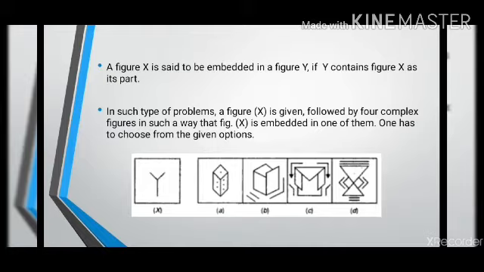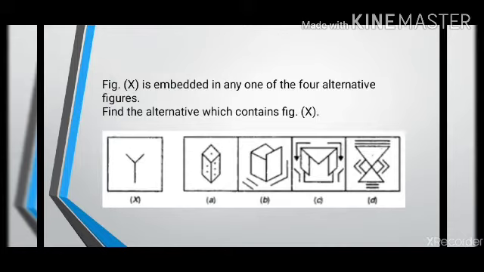That will be the answer. That picture Y is embedded in one of these options that are given to you. You will have to find out which option is the correct one. Now we'll take this example as the first one.